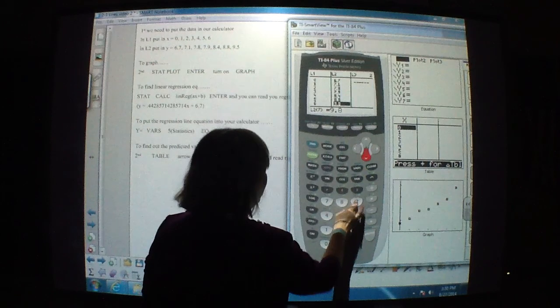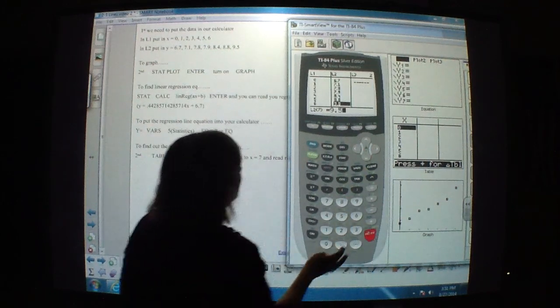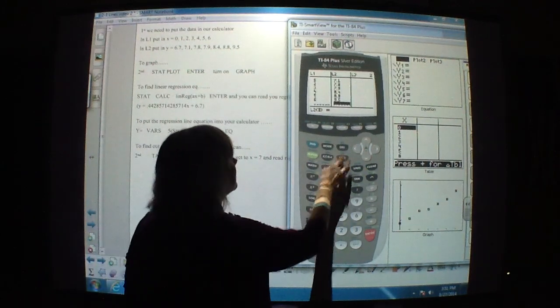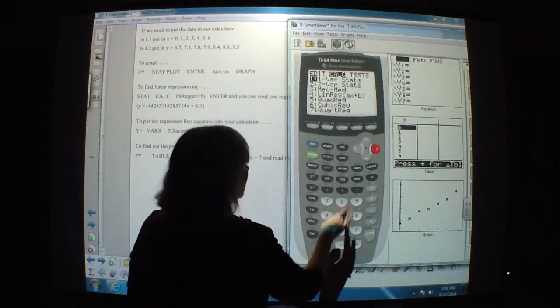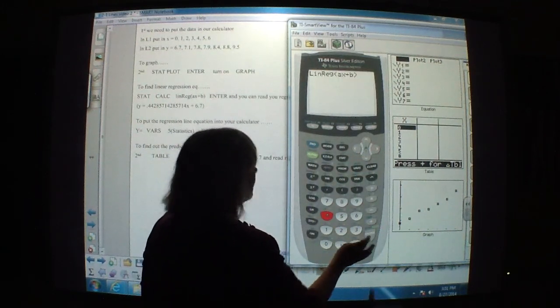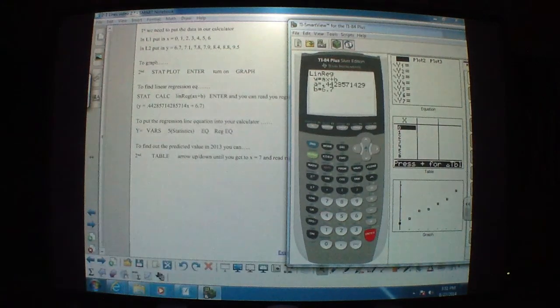Right, 9.5? There we go, much better. Stat, calculate, linear regression is 4. There we go. Easy to make a typo. Like I said, check your work or what you typed in. Obviously, I didn't check it.